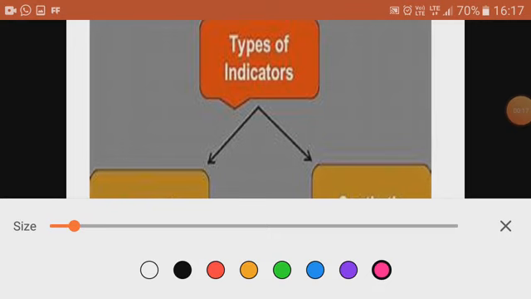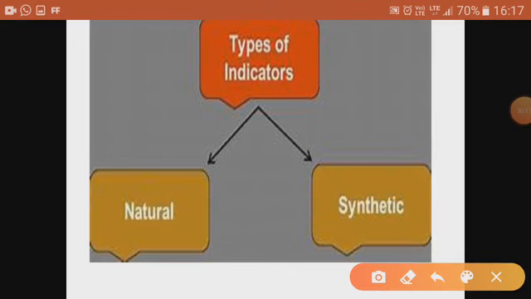So here we can see we have got two types of indicator. One is natural indicator, another one is synthetic indicator. Natural indicators, we have got litmus paper, China rose extract, red cabbage extract, and turmeric solution or turmeric powder can be used as an indicator.